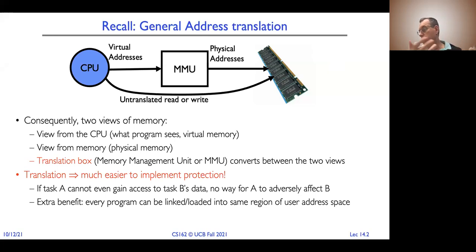And also controlled sharing, if you remember, in which some parts of the address space you want to be shared. For instance, the address space which contains the code of a shared library, which is used by two applications, like a Windows library on your own Windows machine. You do not want to replicate that code in each application. You want to share that code.